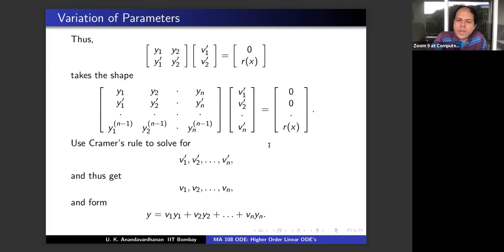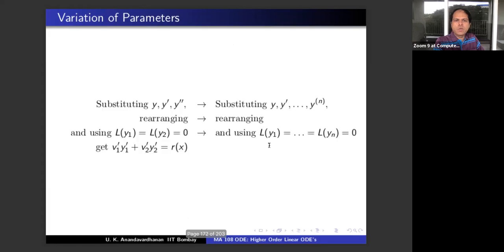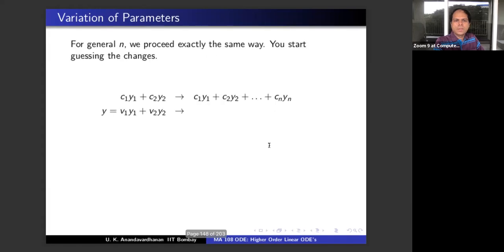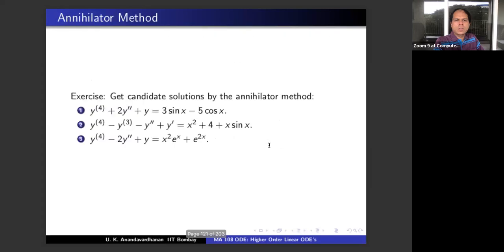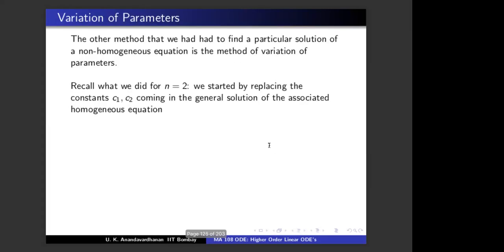And therefore you got, so variation of parameters works beautifully. Exactly as the case n equal to 2, it will work. And the advantage is, am I assuming that the coefficients are constant in the given equation? No. I'm not assuming that.